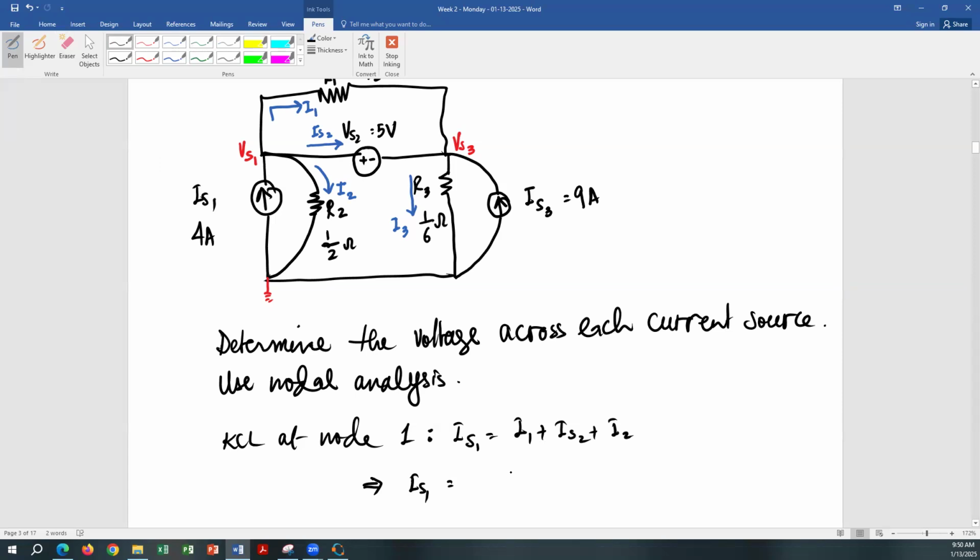You have to look at the direction of the current. Current is going from VS1 towards VS3, so you have to do VS1 minus VS3. You're doing the opposite, VS3 minus VS1. Always go with the direction of current. If you had chosen the direction of current to be going towards VS1, then yes, VS3 minus VS1.